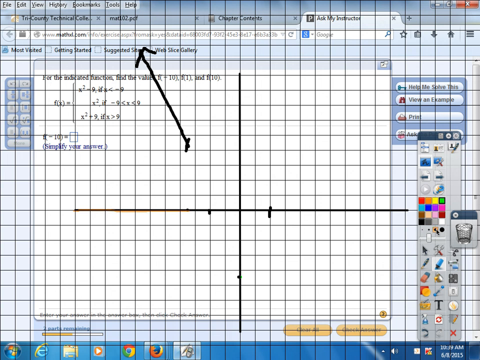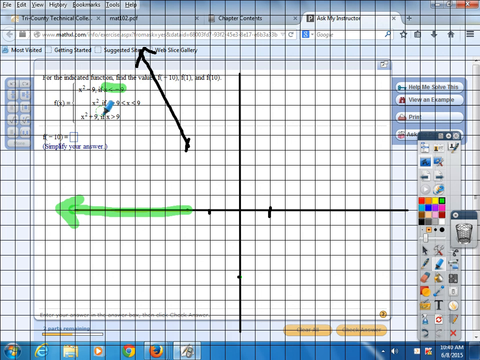I wish this thing would cooperate with me for 5 seconds. There we go. So right there. Which means this portion of the parabola keeps on going and going, because that's what this means: x is equal to -9 or less than -9.